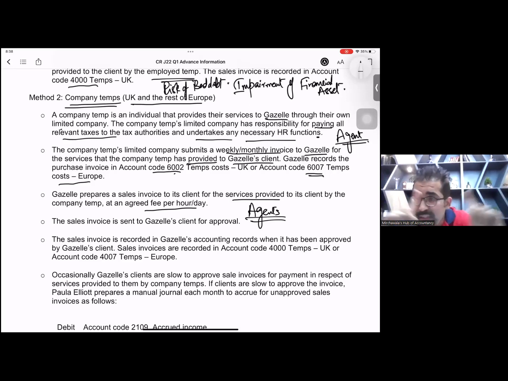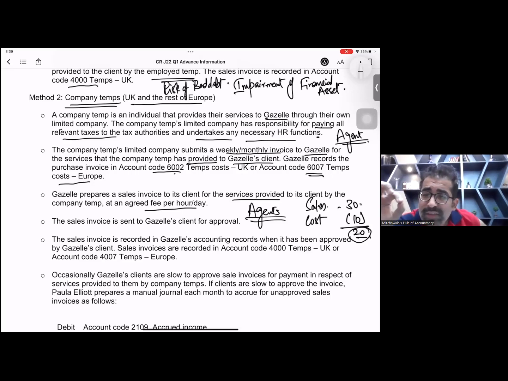So now we can't present it by first booking the sales of 30 and then booking the cost of 10. Not like this. If we are agent, we just need to book this direct difference in our income. If we are agent, think like this.